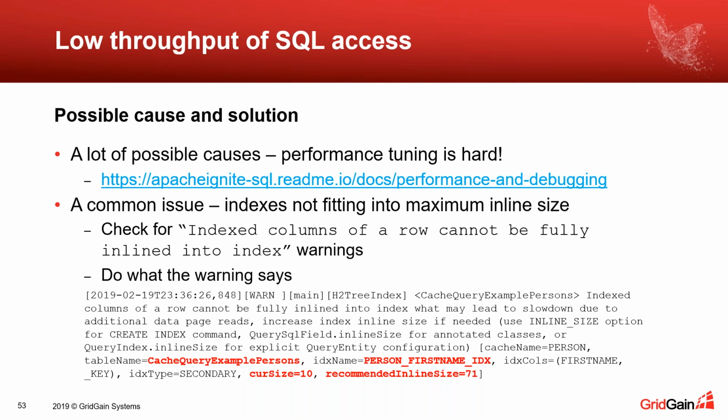It will show the table name that performs suboptimally. It will show the name of the index that has too low inline size, and it will give you some suggestions on how to change that index size, either using configuration or by using system properties.